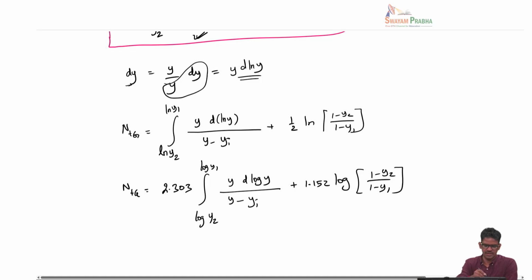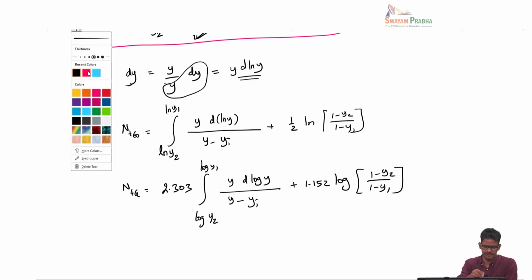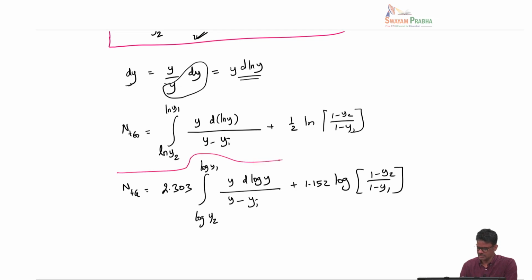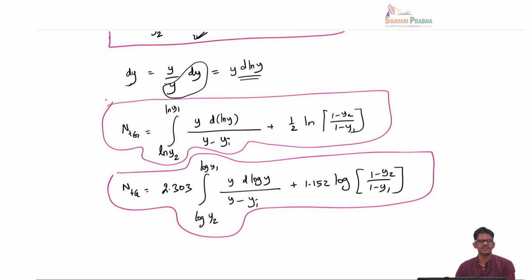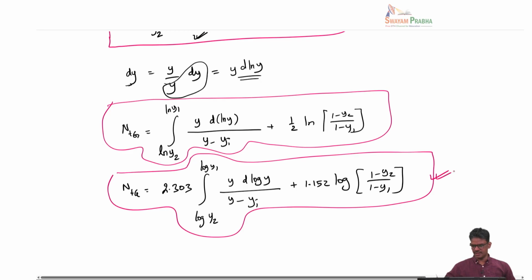So these are some other choices that we have. Either you can use logarithmic terms with base 10, or natural ln with base e. These are the two options we have, and in some of the numerical examples I will use this particular formula.